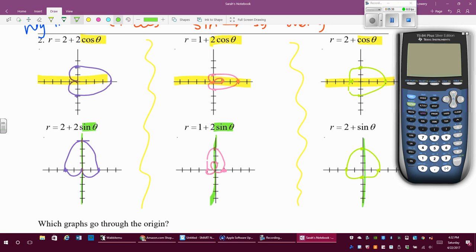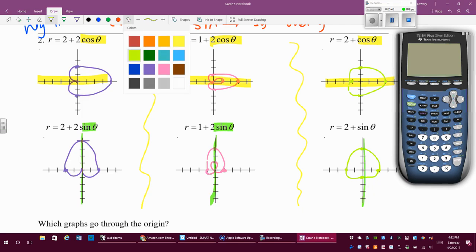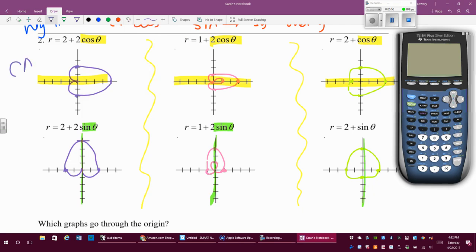Hopefully from pre-cal, you remembered that these were called cardioids. You can recognize a cardioid anytime these two numbers are the same. In other words, A equals B.